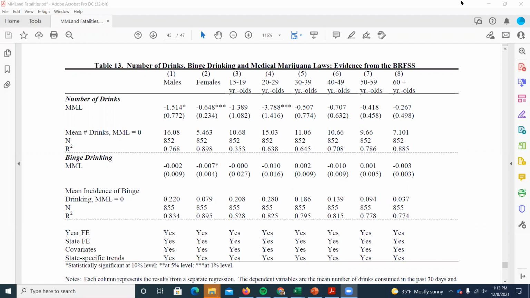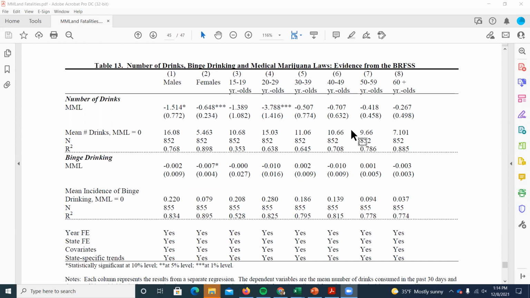Okay. So we've got these estimates. It looks like for males and females, the number of drinks goes down. And it looks like females are a little bit less likely to be in this category of binge drinking, although the effect is negative for males as well. We just can't say it's any different from 0. It looks like for older individuals, medical marijuana being legalized, although we do find negative estimates, none of them can we say are different from 0.